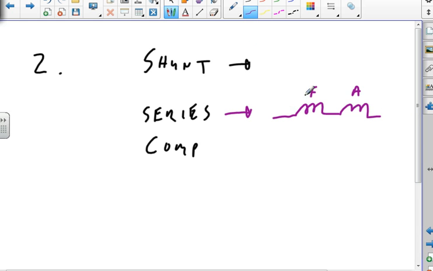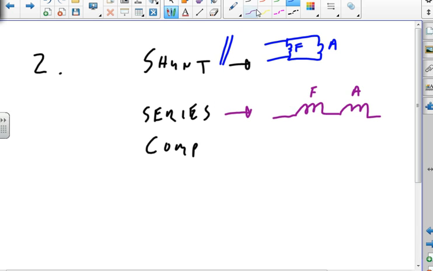Well, if that's the case, then what would shunt mean? Shunt would mean they're not in series with each other, right? So they're in parallel with each other. So shunt means the field winding and the armature winding are in parallel. Series means series.